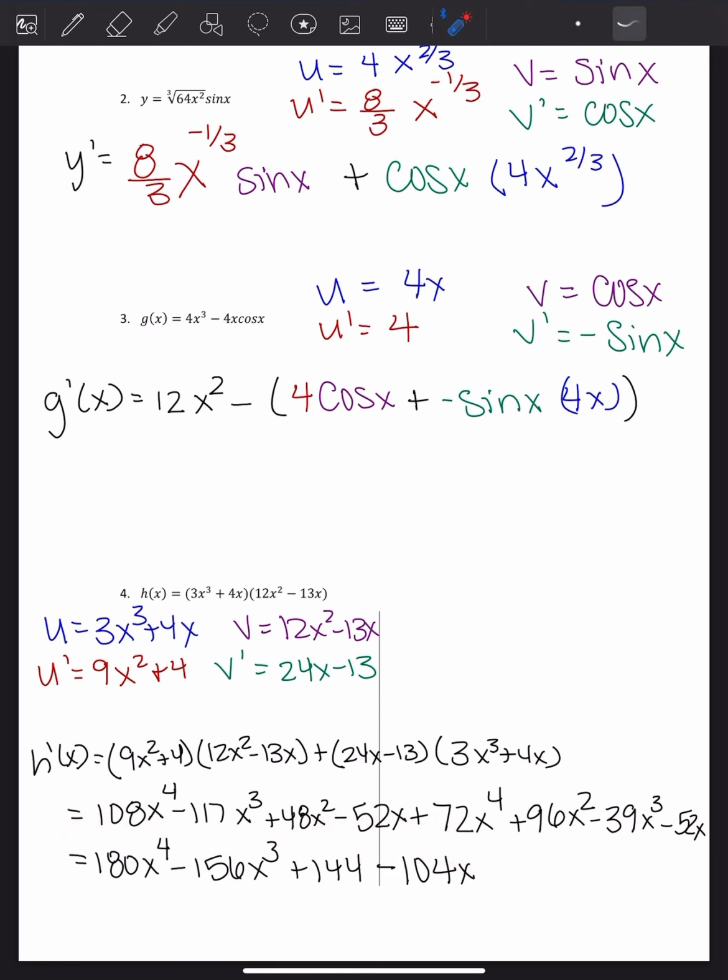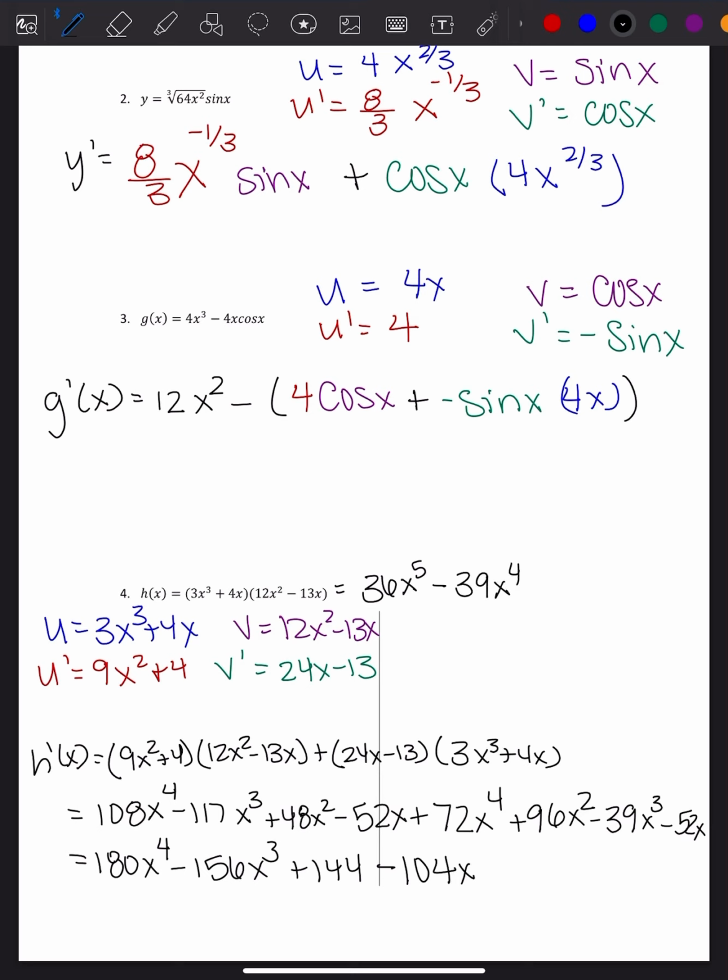The reason why I have this line here, even though it's really not useful right now because of all of this other work over here, is we're going to multiply out h of x. That way it is just a power rule problem to see if we get the same thing. So we're going to multiply these two functions out. If I do that, I get 36x to the 5th and a minus 39x to the 4th.